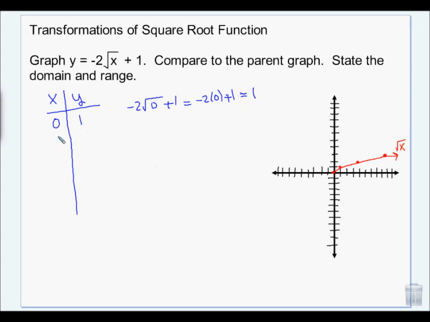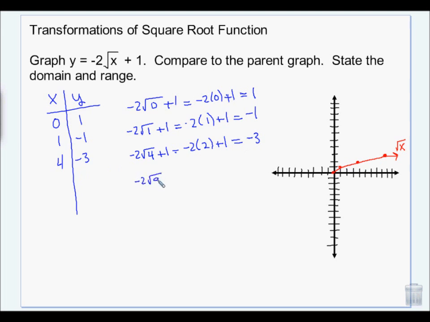If I plug in 1, I get negative 2 times 1 plus 1, which is negative 1. If I plug in 4, I get negative 2 times 2 plus 1, that's negative 3. And if I plug in 9, I get negative 2 times 3 plus 1, so that's negative 5.